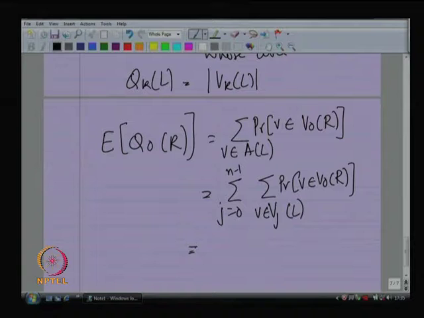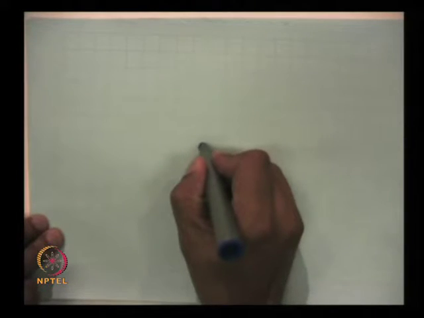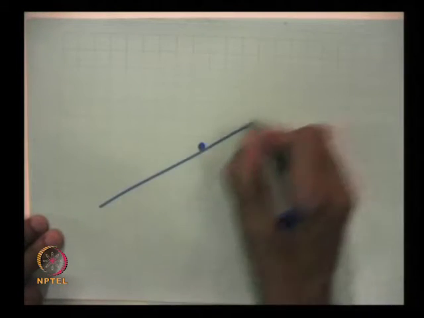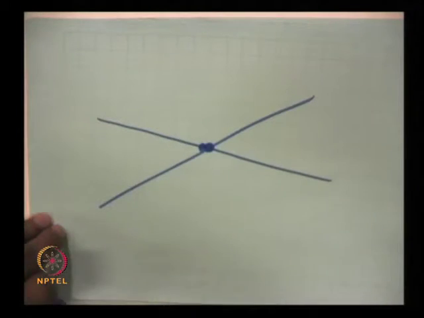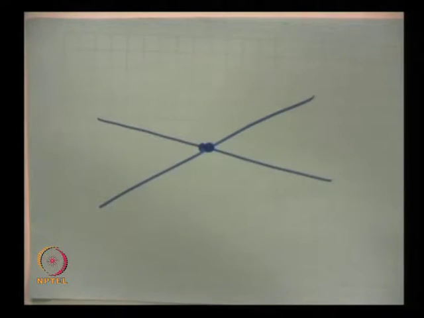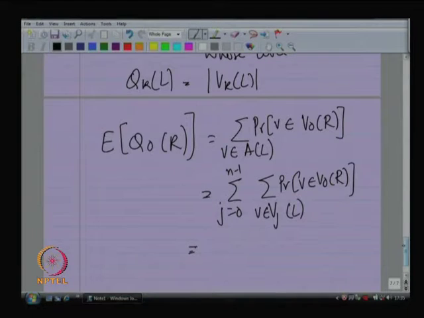Now, let us ask the following question. Here you have a vertex of the original arrangement, which is the intersection point of 2 lines, and let us say its label is j. Okay. So let me write the following question.